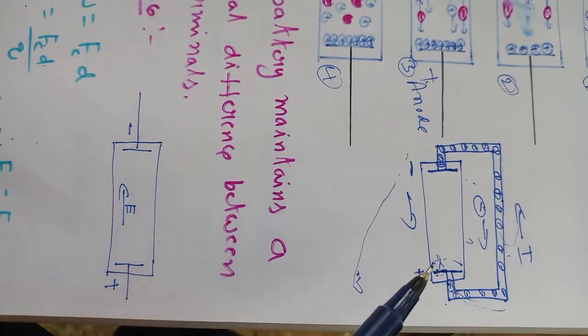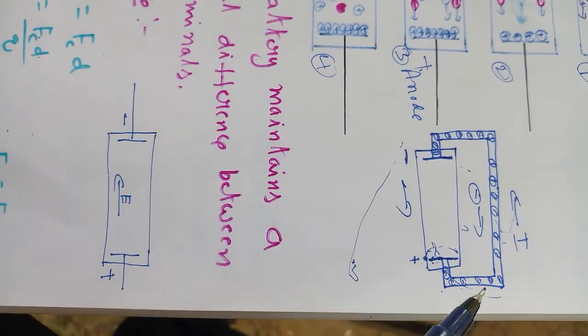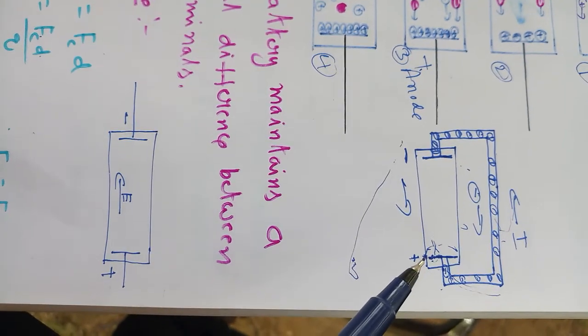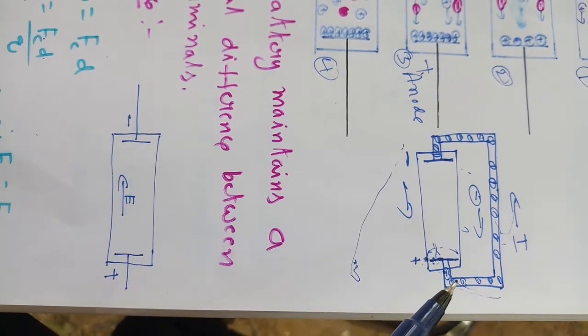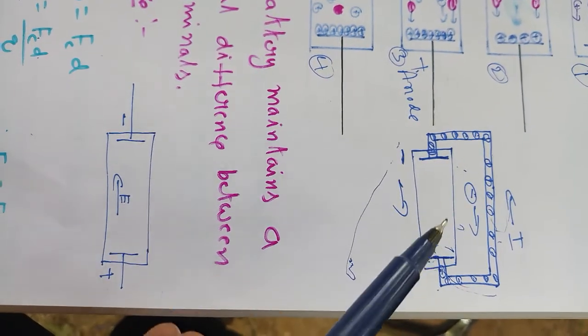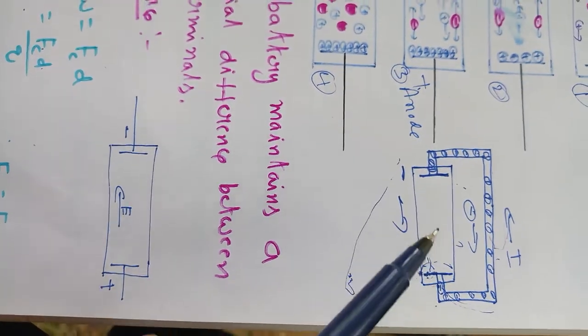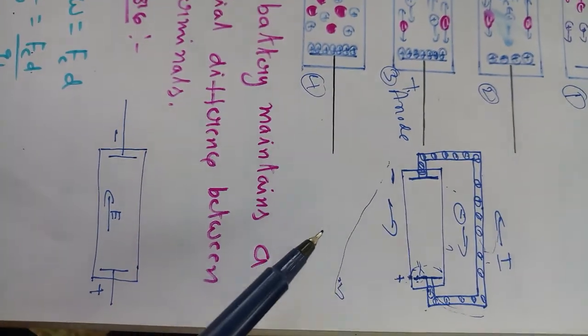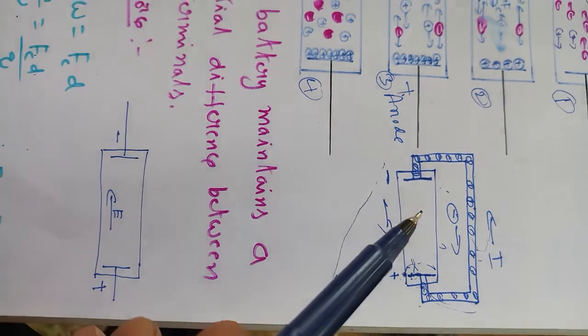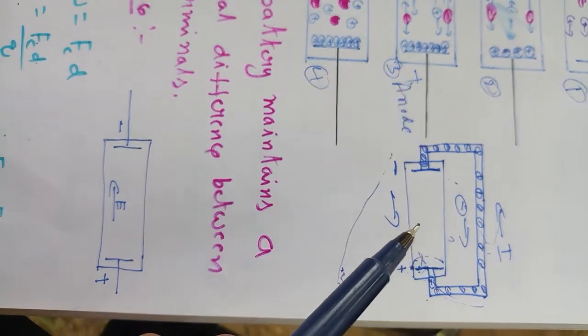Then what happens? This is the positive plate. When all the electrons reach this positive plate, the positive charge is neutralized by the negative charge. Then it does not maintain a constant potential difference. So the battery gets discharged. This is the meaning of a battery getting discharged.